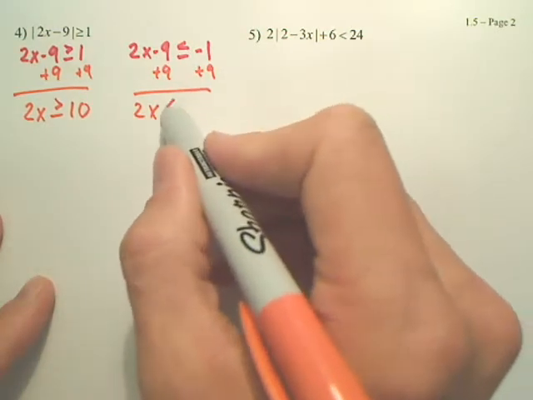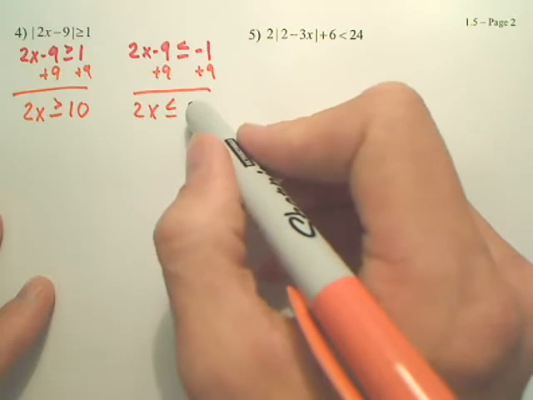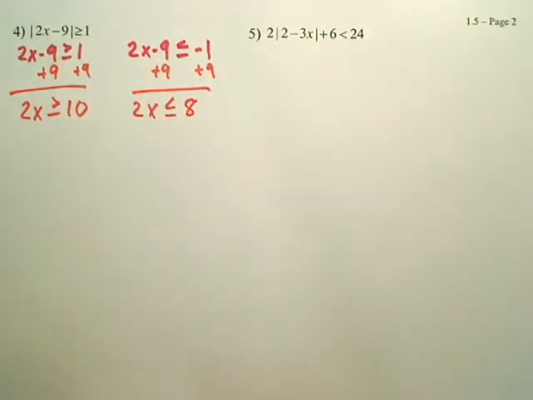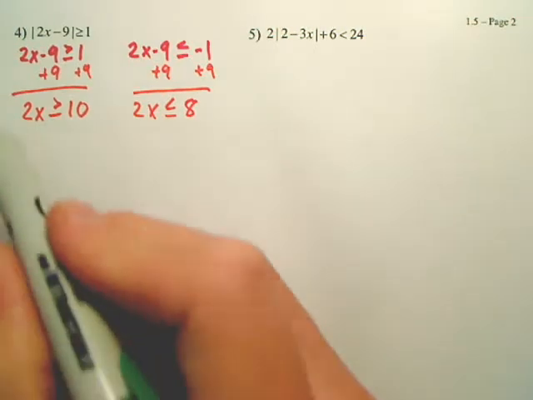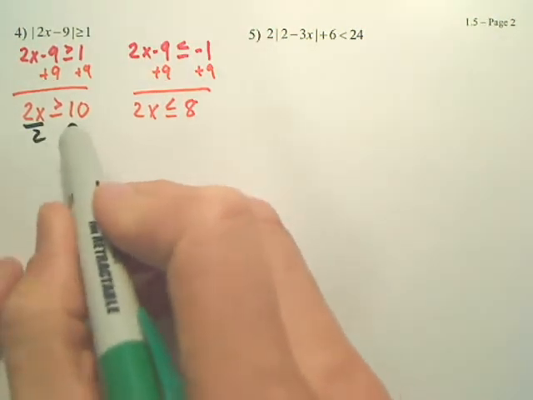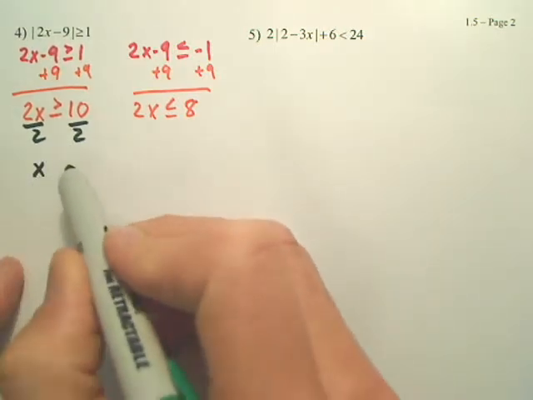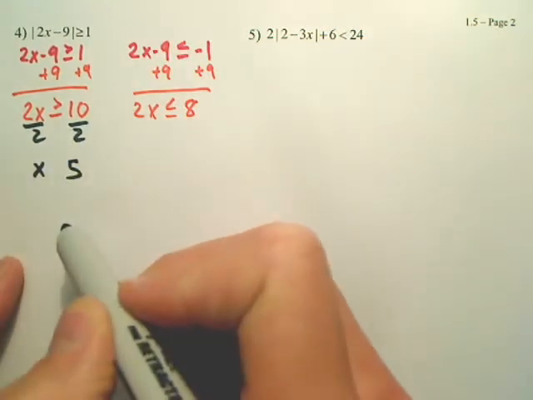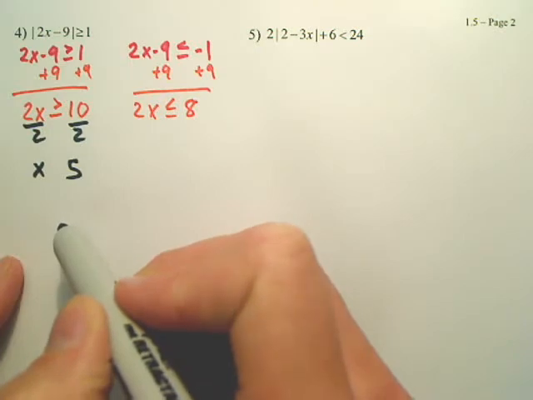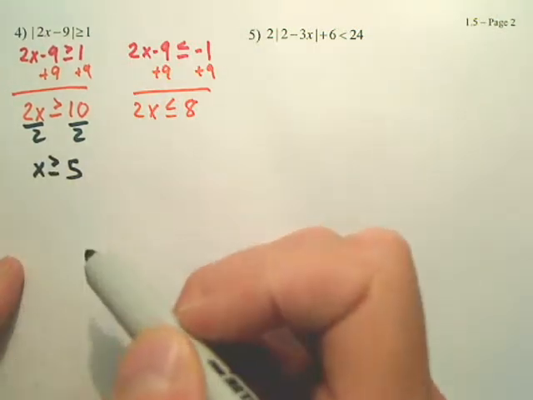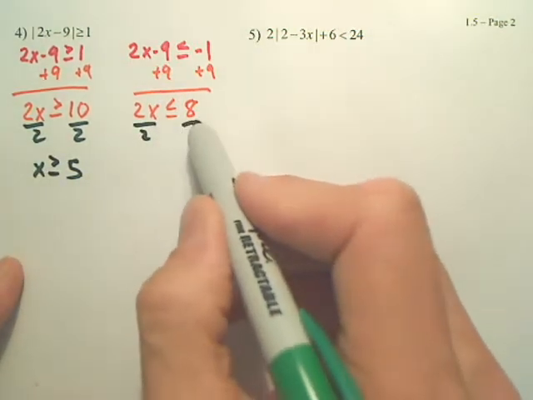And 2x is less than or equal to 8. We want to finish this off. We're going to divide this by 2. Does the sign flip? No, we did not divide by a negative, so the sign stays the same. Here we divide by positive 2.